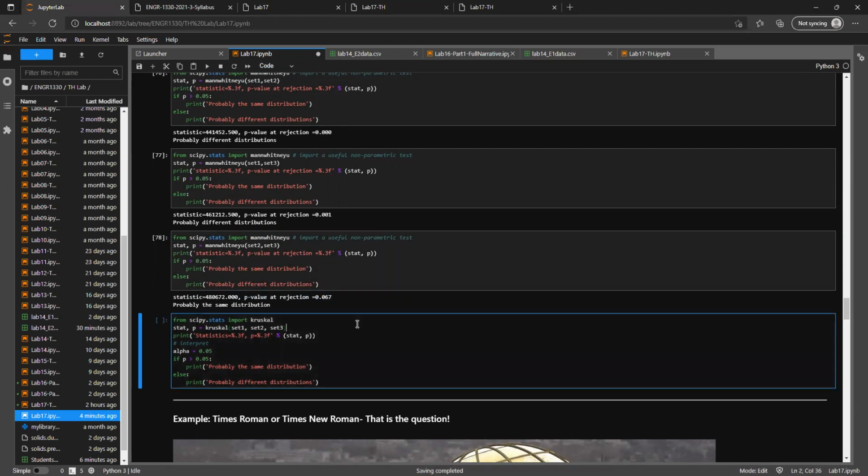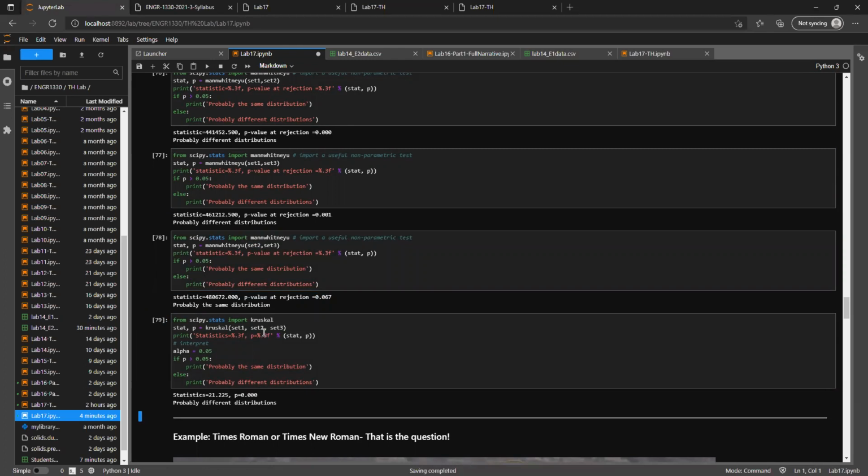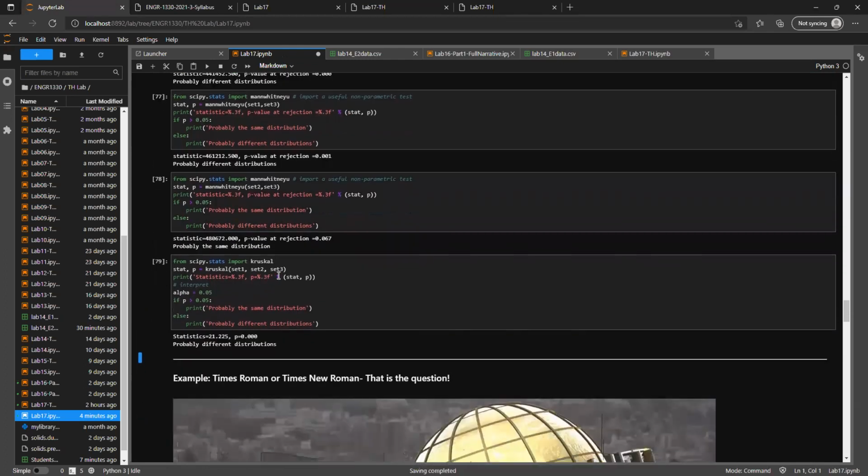Okay, now we're going to use our Kruskal test on all three of them. So this test, again, black box, you just need to know what's the input, what's the output. The input to this test is a set of distributions, and the output will be a rejection or a failure to reject of are they all from the same distribution.